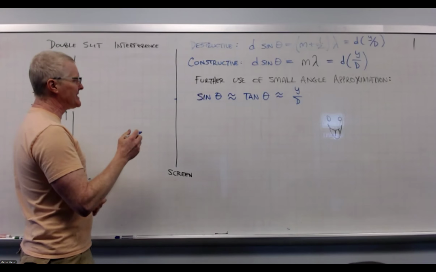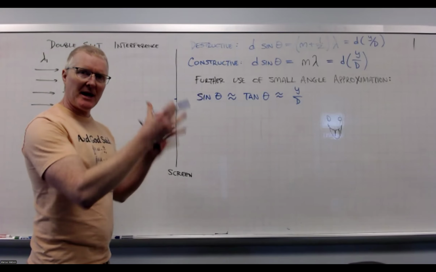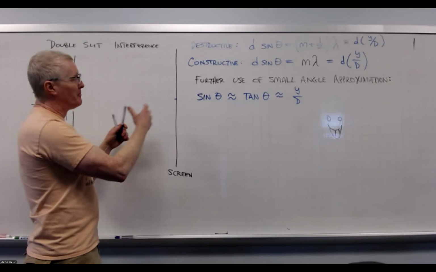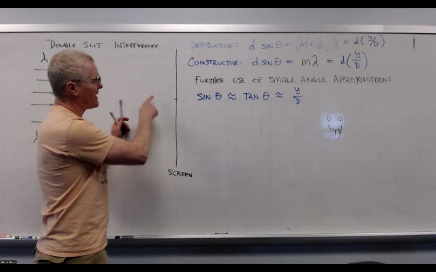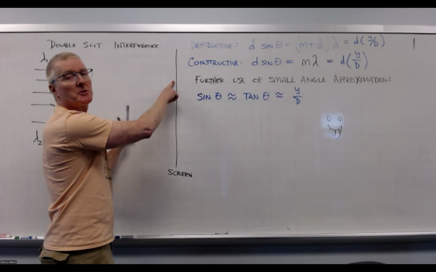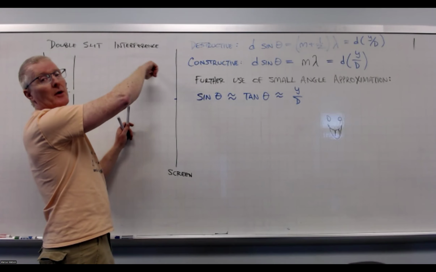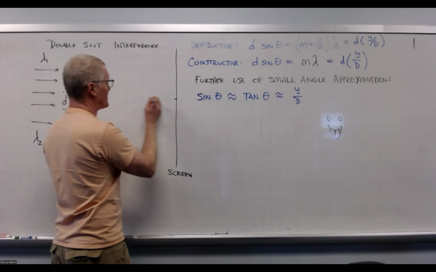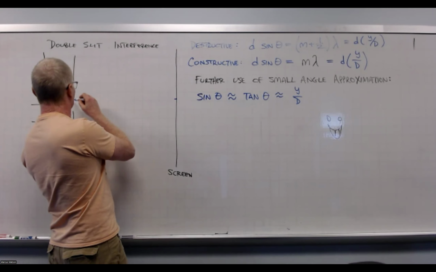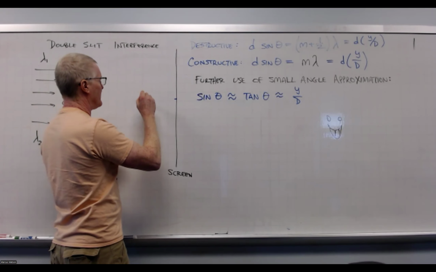All right, so the intensity pattern is going to be a little weird. It's going to be kind of on its side, but if there's no light hitting that part of the screen, then I'm going to dip down and touch the screen like it's a 0. And then if it's large, then I'm going to swing upwards, and we're going to see, oh, this is a bright spot. So the central bright fringe, okay, is going to look something like, say, this.